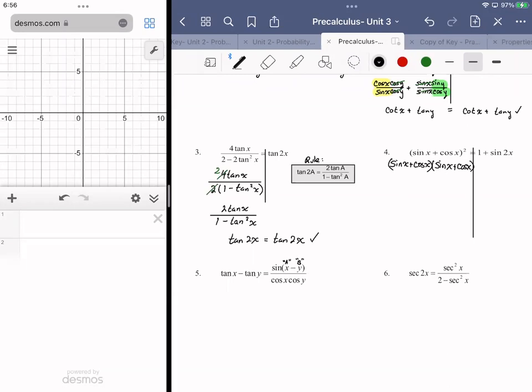So sine x plus cosine x times sine x plus cosine x. Apply the distributive property. A little FOIL method: first, outer, inner, last. Oh, that's fun.